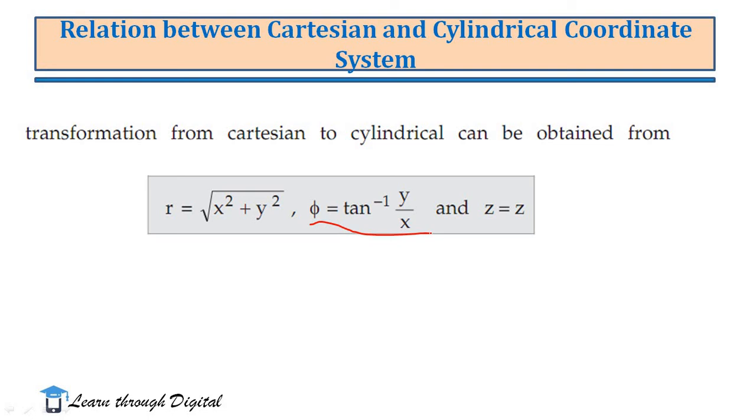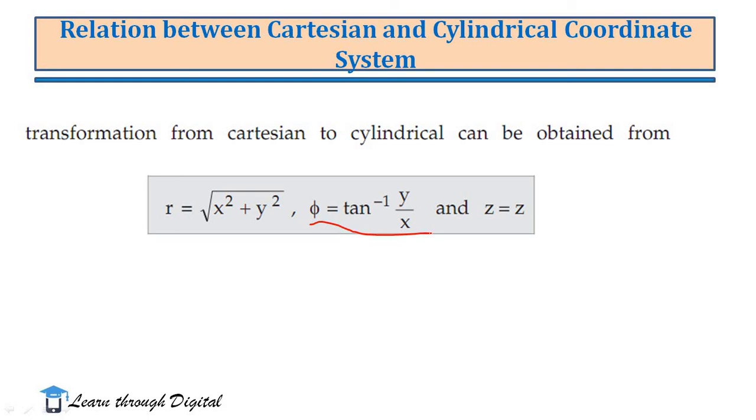So we have to add 180 degree to the value, and we get 154.43 degree. Hence, when x is negative, it is necessary to add 180 degree to phi calculated using the tan inverse function in order to obtain the accurate value of phi at a particular point.